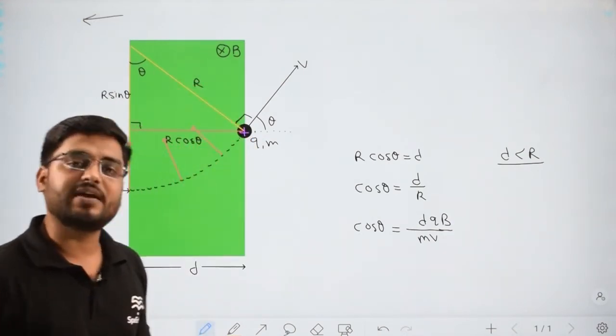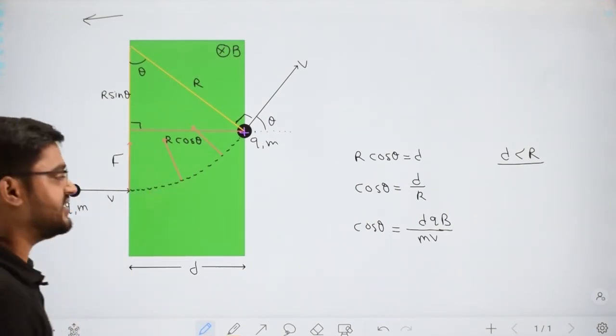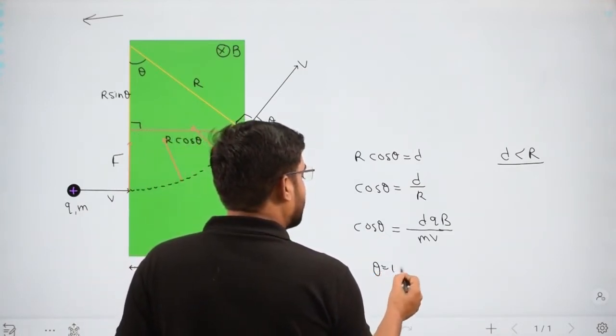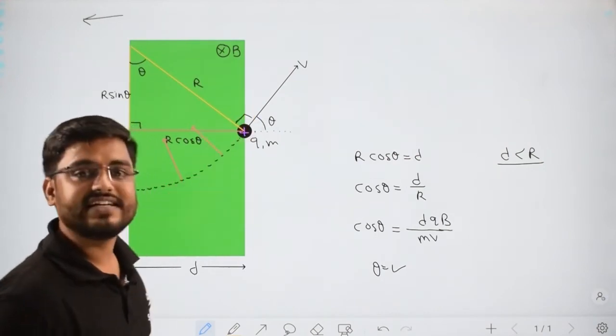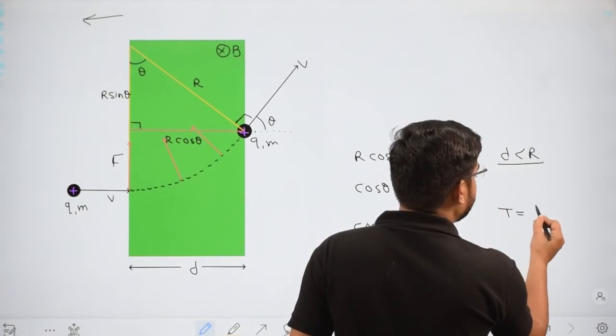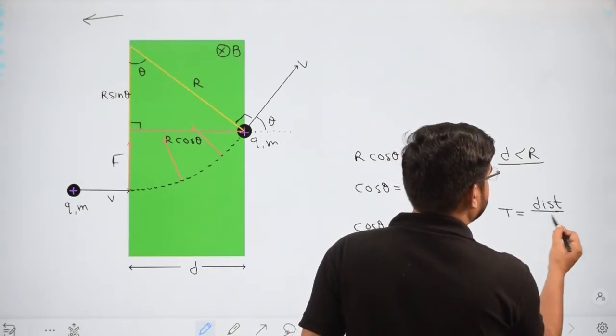One more thing which can be asked is for how much time it remains in the magnetic region. Once we get theta, if theta is known, then we can say how much distance it has traveled. The time is nothing but distance traveled upon speed.